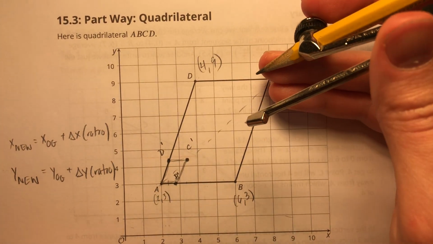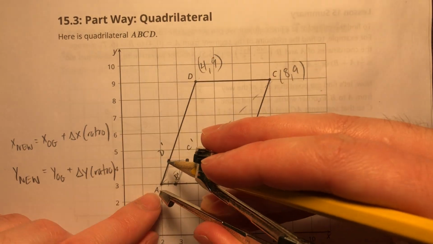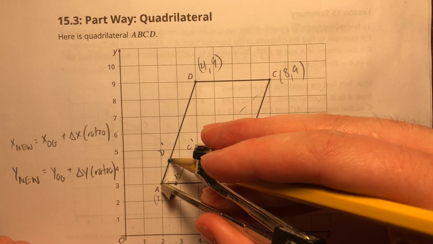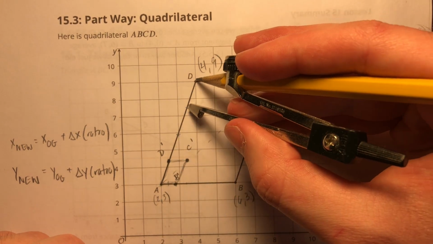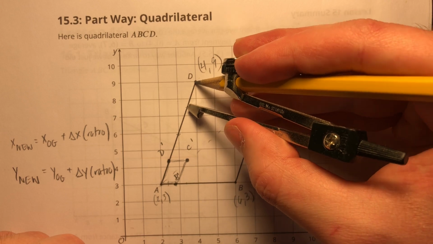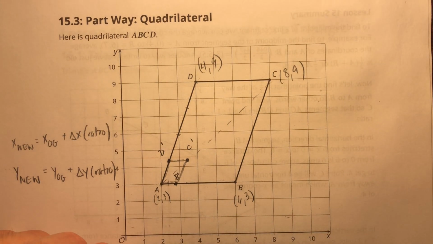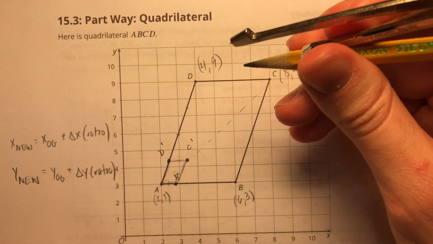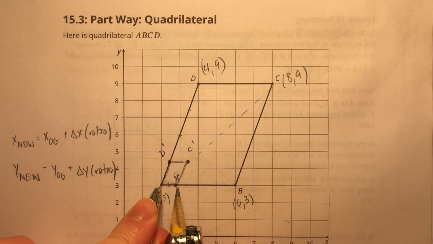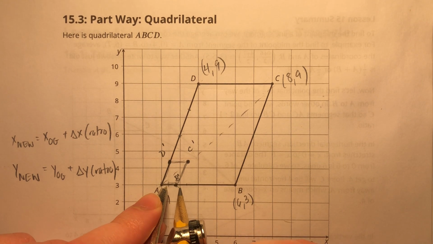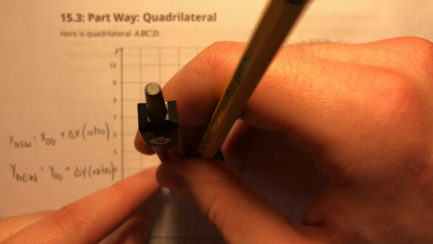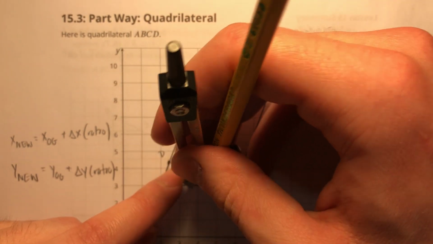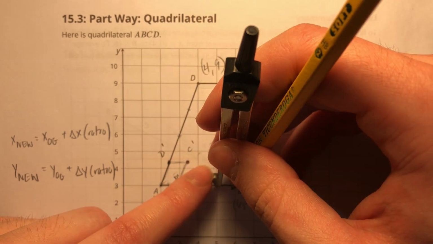Now we're kind of splitting it into 5 equal parts. So I can match my compass up with this length here, and then I can jump ahead. That looked like 4. Did I make a mistake somewhere? Let's see this one. It's 1, 2, 3, 4, 5.